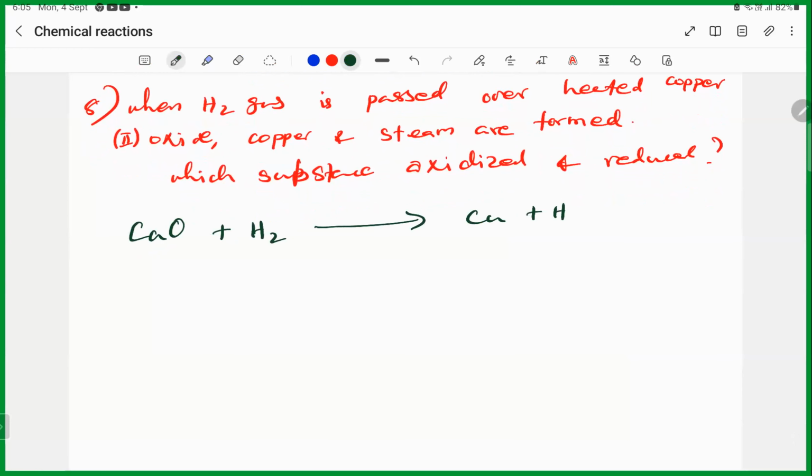This is what type of reaction first? Displacement reaction. Redox reaction. Very good. So which is oxidized, which is reduced?